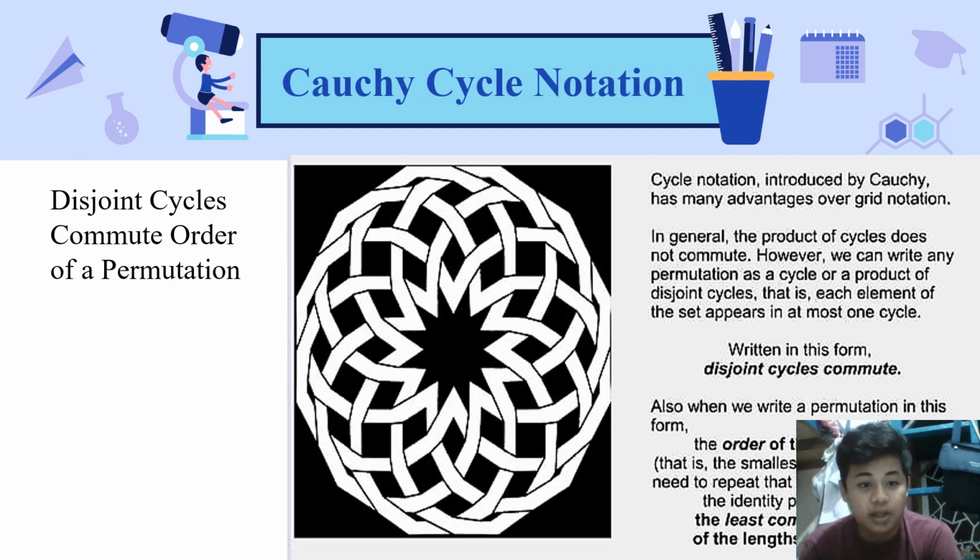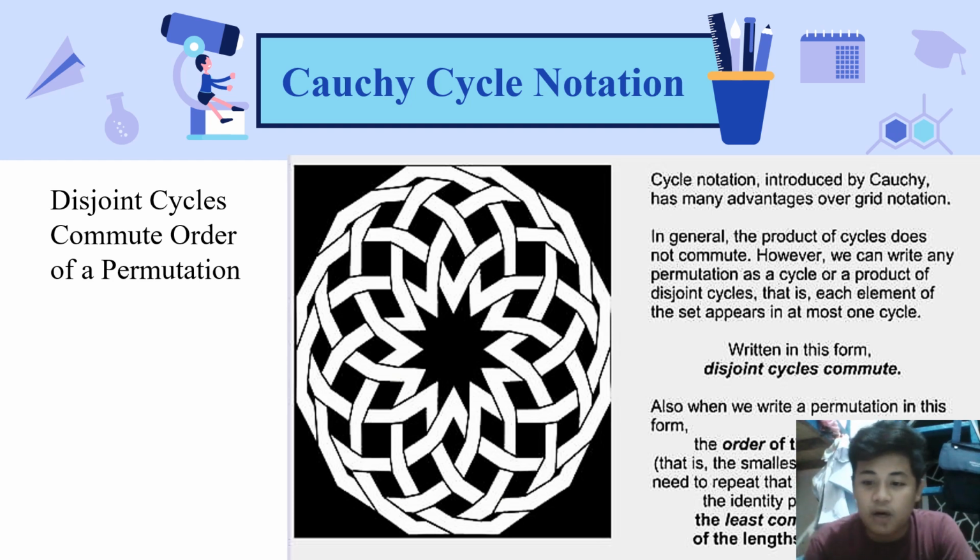Cycle notation. Disjoint cycles commute, and this gives the order of a permutation. Cycle notation, introduced by Cauchy, has main advantages over grid notation. In general, the product of cycles does not commute. However, we can write any permutation as a product of disjoint cycles, that is, each element of the set appears in at most one cycle.